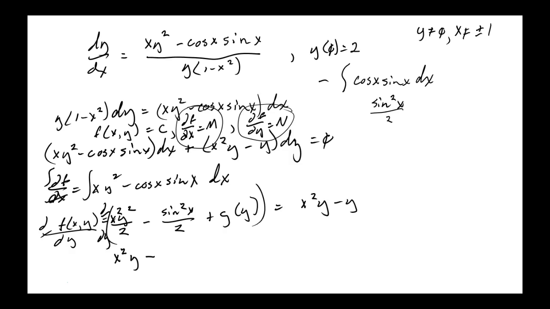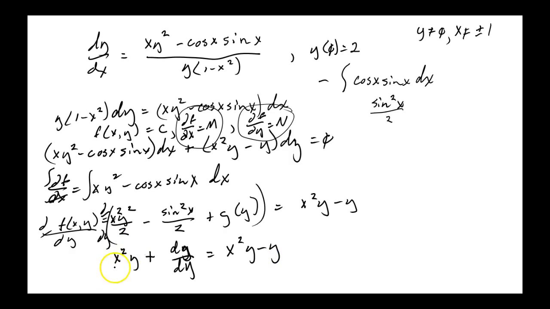Hint, that's x sine squared of x over 2. Zero! There is none. Plus, and derivative of this with respect to y is dg dy. Okay? And that's equal to x squared y minus y.